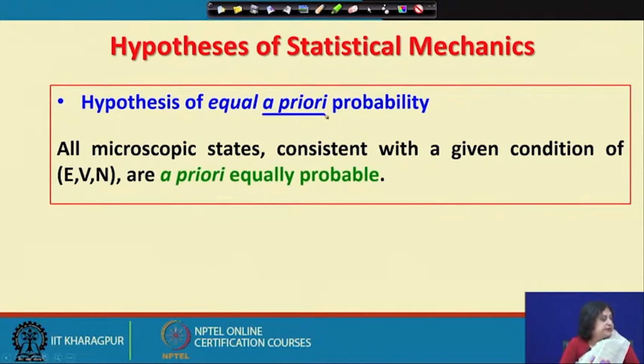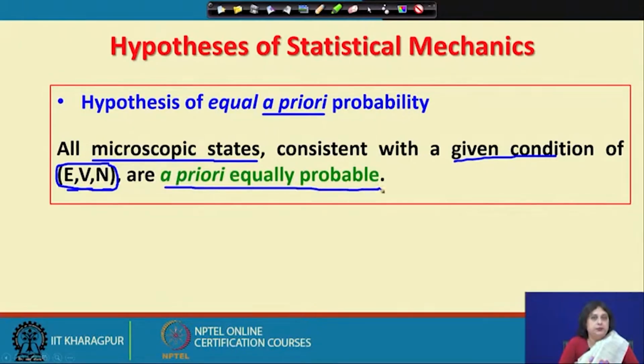This hypothesis says that if you have a given energy, a given volume and a given number of particles, then there are several microscopic states associated with that one condition of these three thermodynamic variables. And all the microscopic states associated with given values of E, V and N are a priori equally probable.